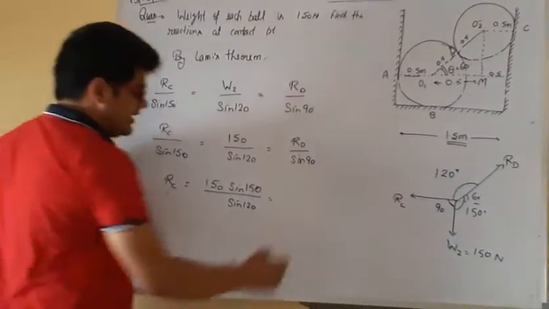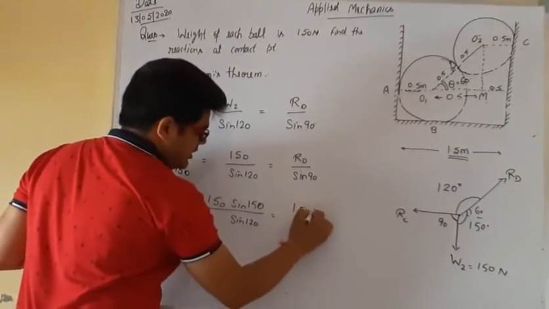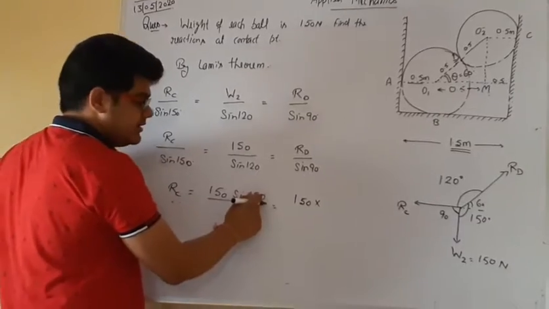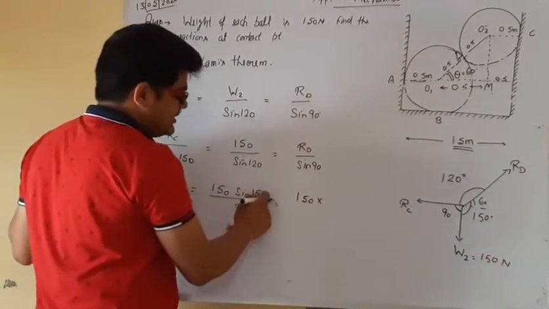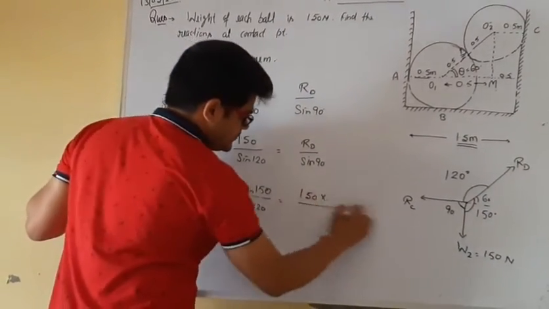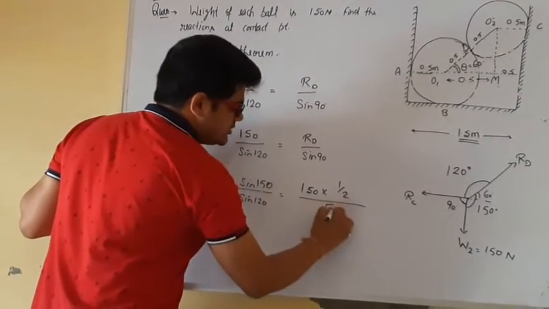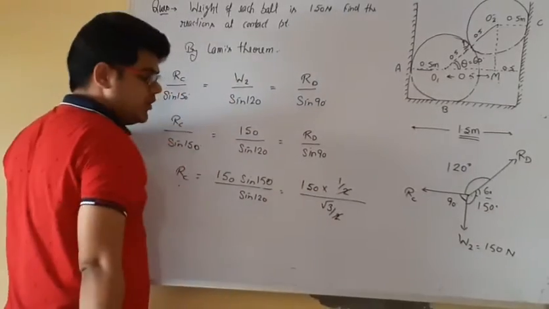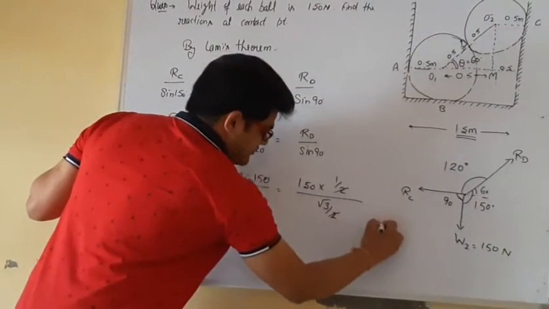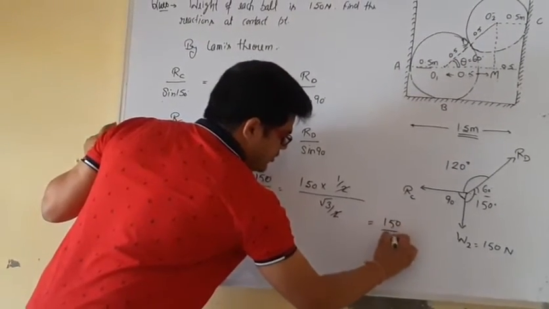Here put the values: sine 150 is 1 upon 2 and sine 120 is root 3 by 2. The 2 cancels out and the value is 150 upon root 3.